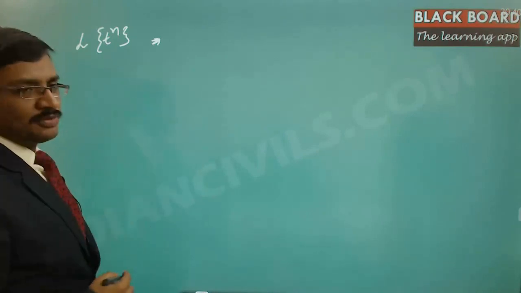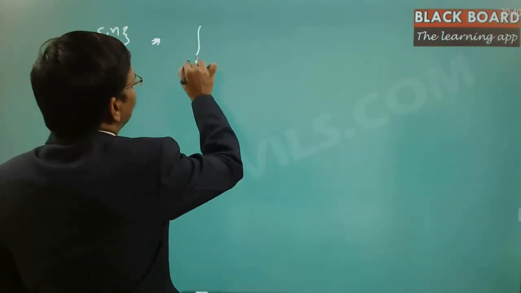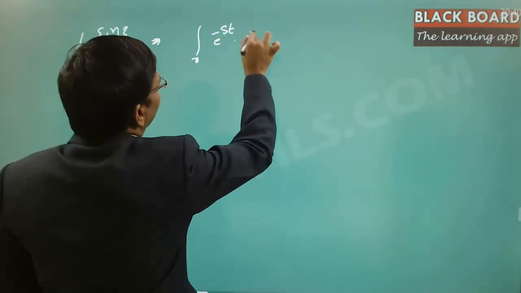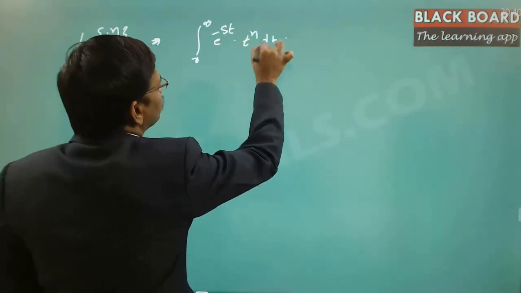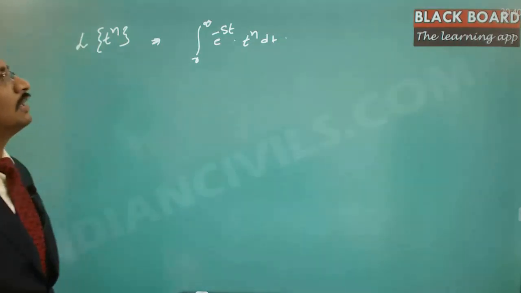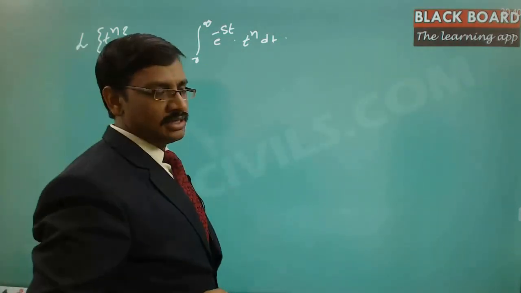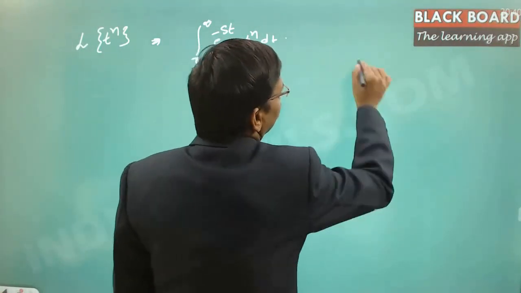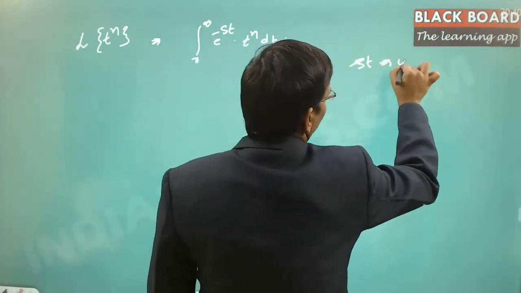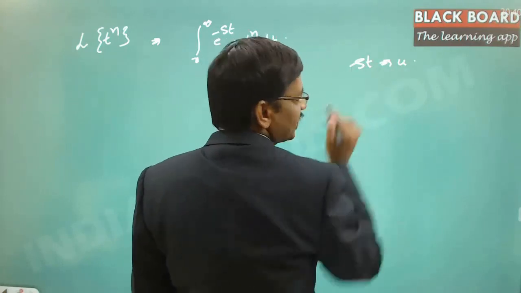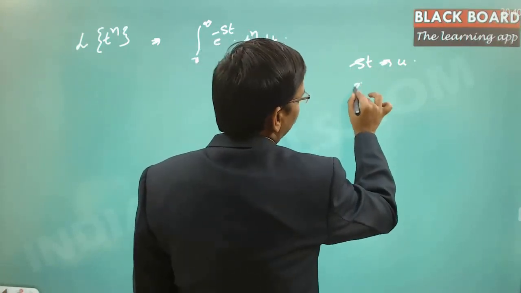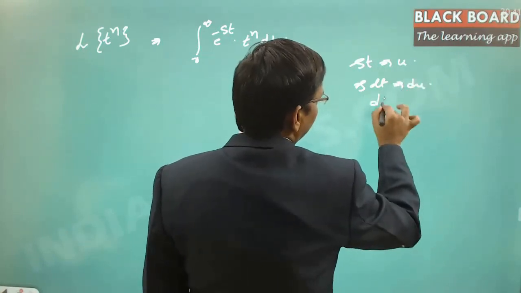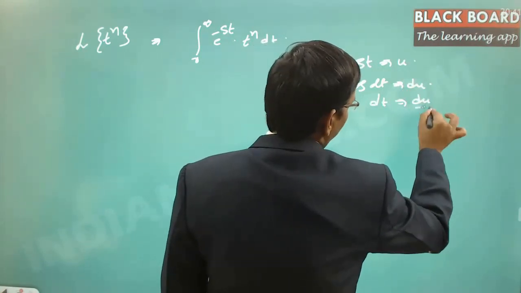So here, Laplace transform of t power n is integral 0 to infinity e power minus st into t power n dt. So this is the Laplace transform we are finding. Now to solve this integral, let us consider st equal to u. Then, s being the constant, s into dt is equal to du, or dt can be expressed as du by s.